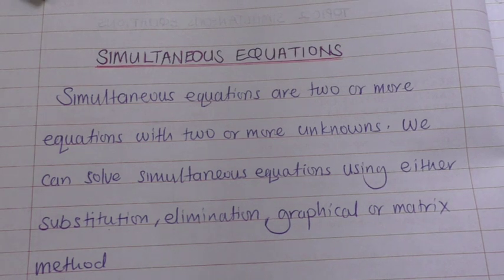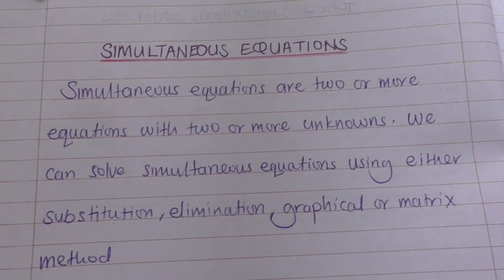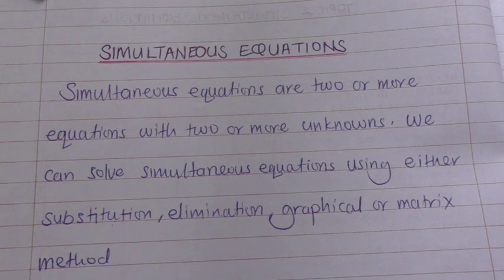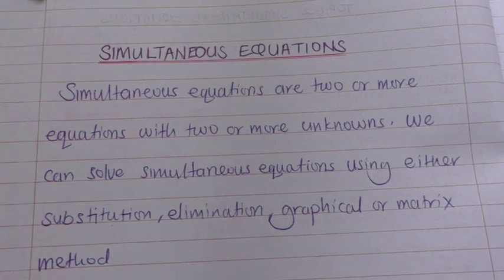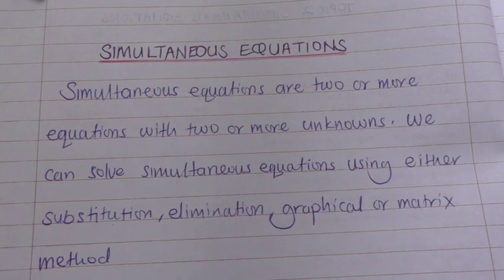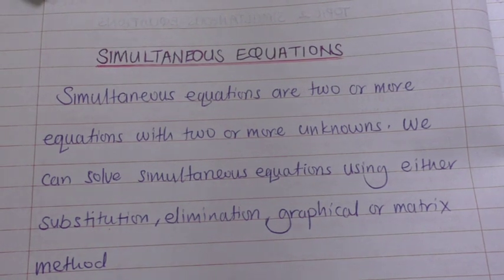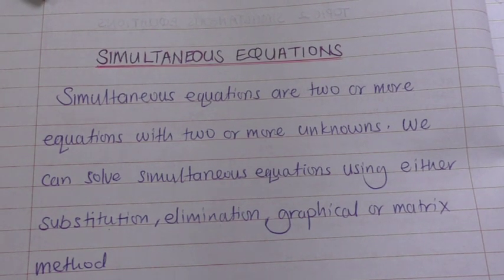What are simultaneous equations? Simultaneous equations are two or more equations with two or more unknowns, and these can be solved by either substitution method, elimination method, matrix method, or graphical method.